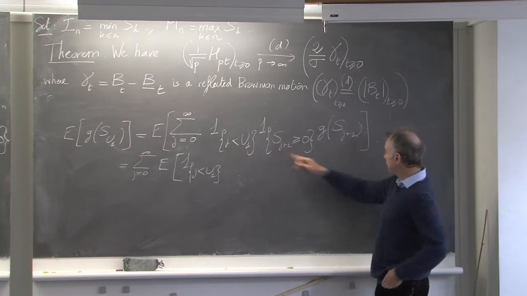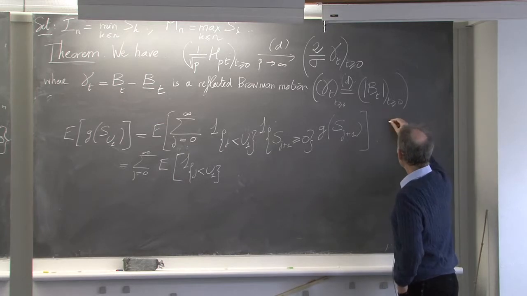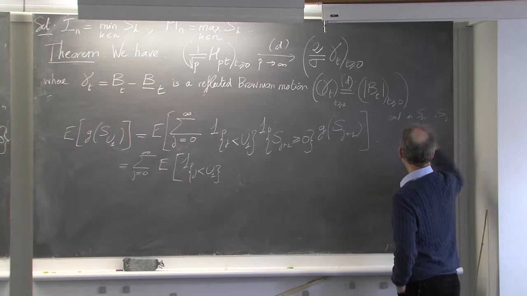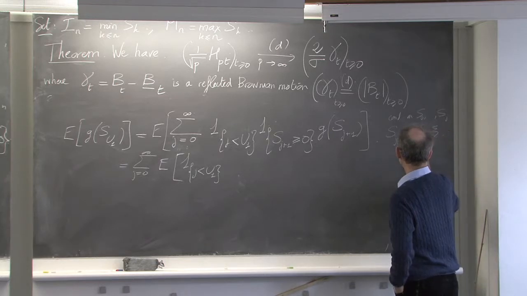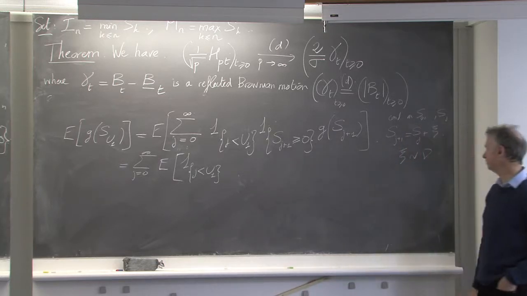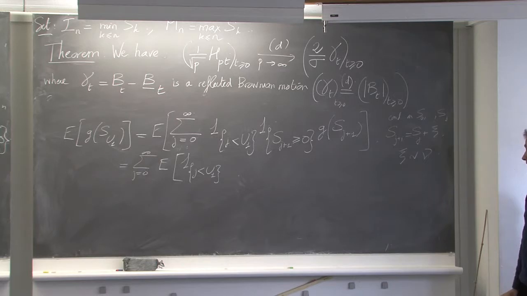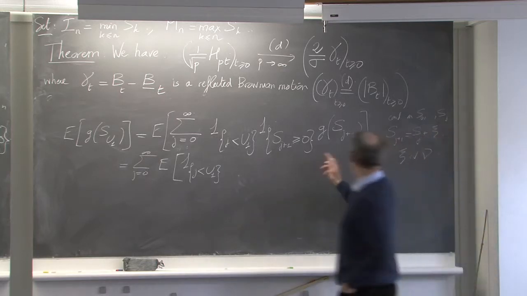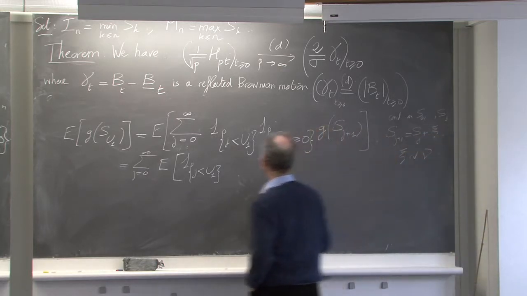And so you use the fact that conditionally on S0, ..., Sj, S_{j+1} has the same distribution as Sj plus psi distributed according to mu. And so you look at the possible values of the increment.